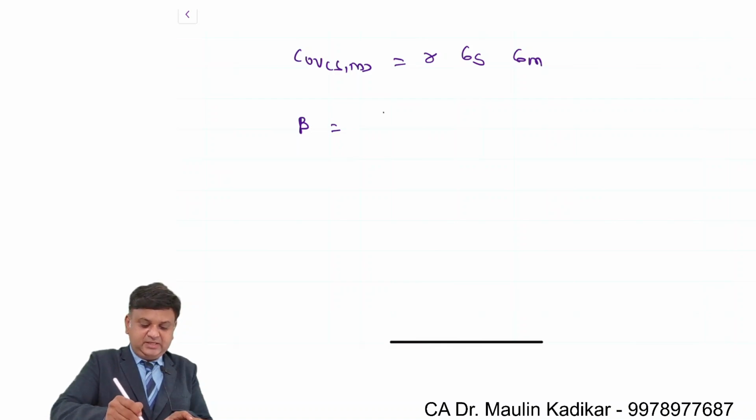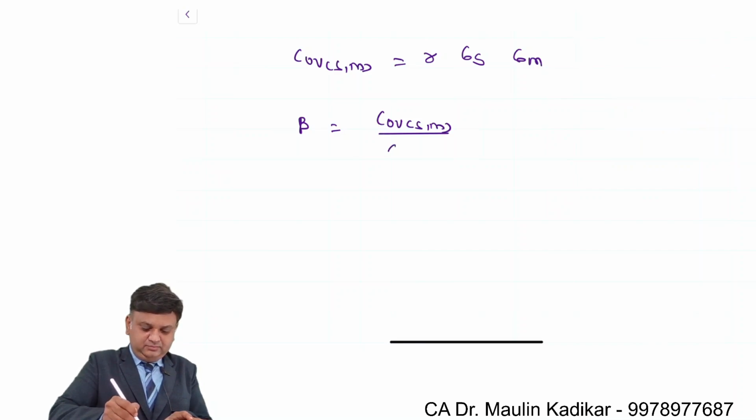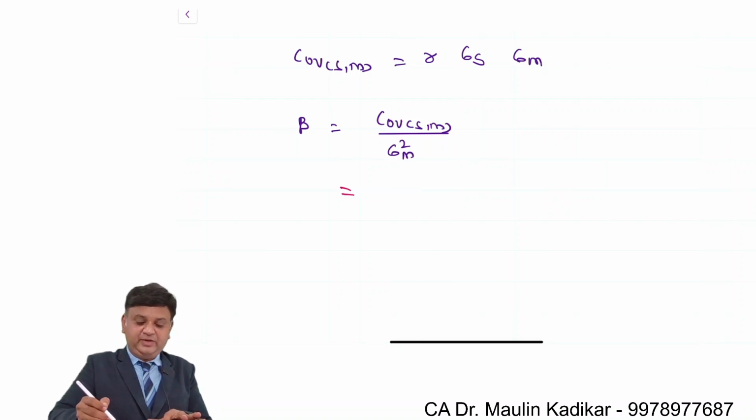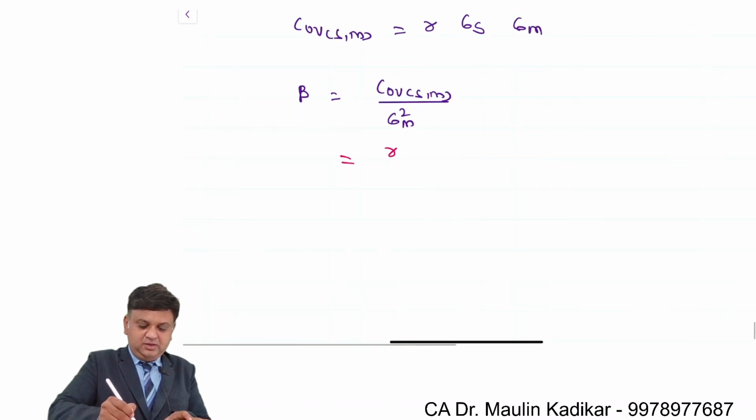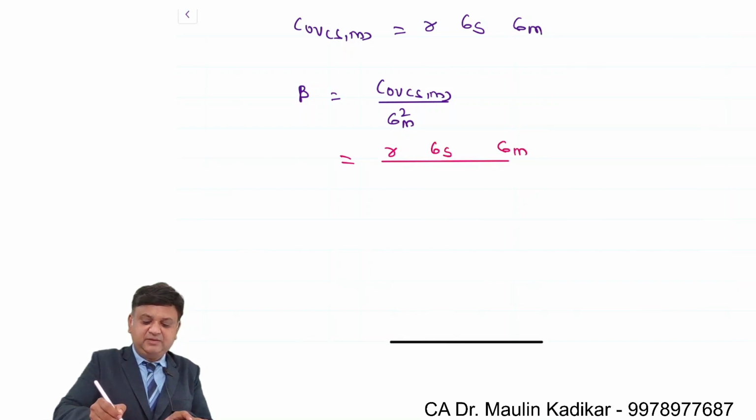Now listen carefully. Beta is calculated as the covariance of the security with market divided by sigma m square. Now how do we compute the covariance? It is R into the standard deviation of the security into the standard deviation of the market, divided by sigma m square, which is sigma m into sigma m.